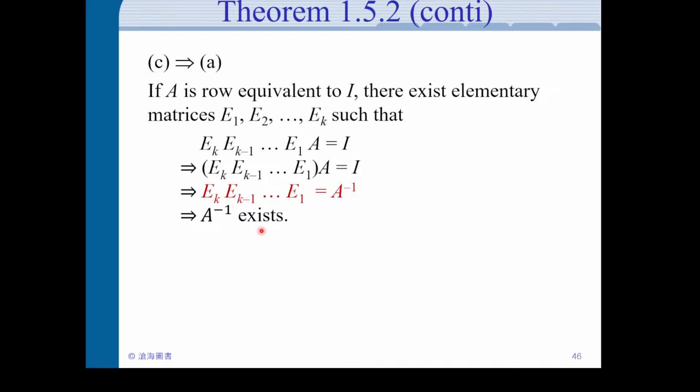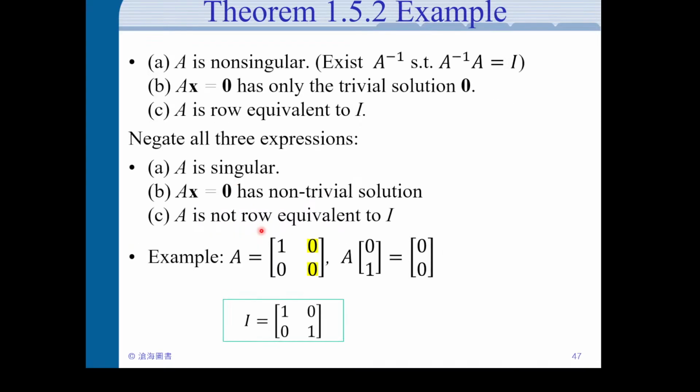Okay. And here is a bit of an example. If A is non-singular, then Ax equals 0 only has the trivial solution, and A is row equivalent to identity.